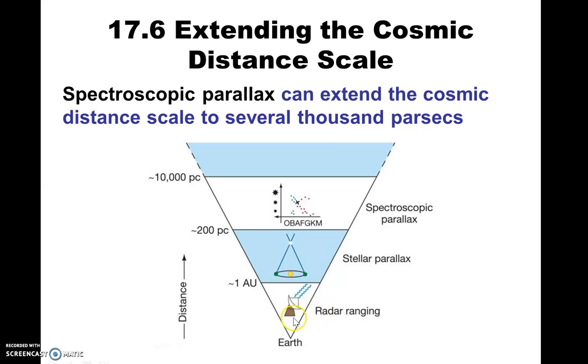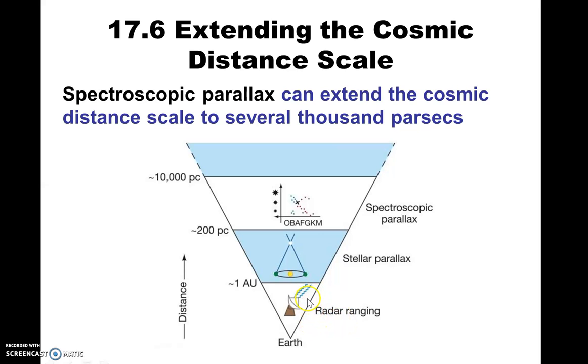You can estimate the distance to Mars using Kepler's laws, and then verify that using radar. So there are certain objects that you can do that with.